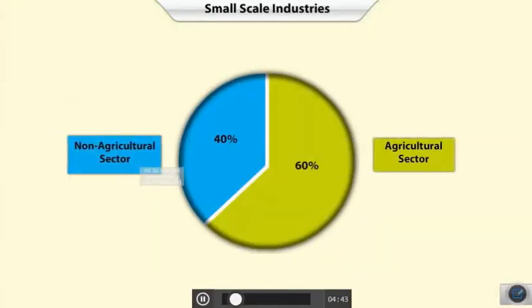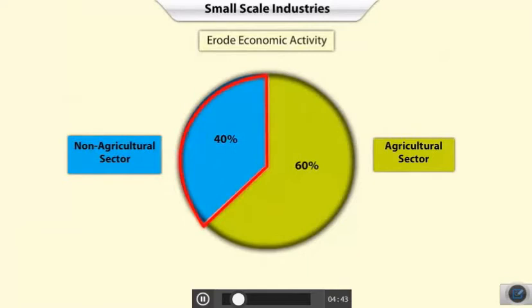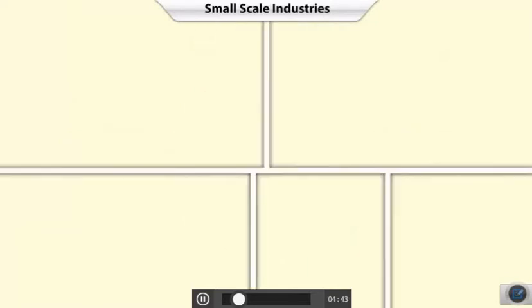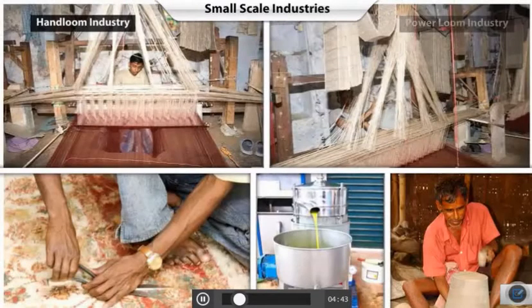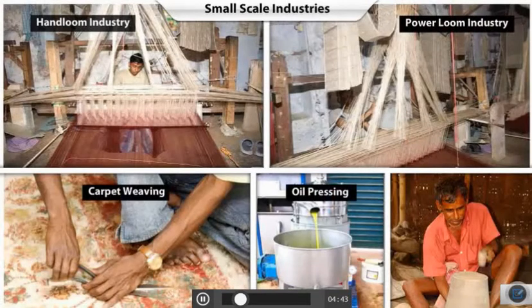Yet, 40% of the population in Erode is employed in the non-agricultural sector. The non-agricultural sectors in which people are employed are the handloom industry, powerloom textile industry, carpet weaving, oil pressing and brass vessel manufacturing, to name a few.